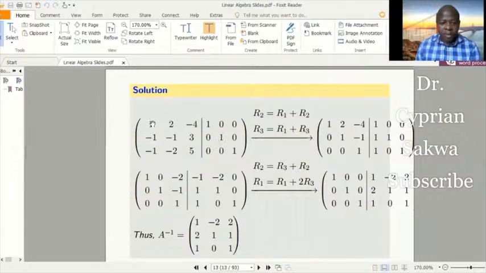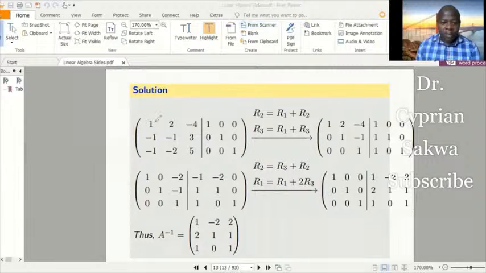So we carry out elementary operations on this to transform it to become the identity matrix. The elementary row operations that we do on this matrix, we'll also do on this matrix. So when this one becomes the identity matrix, this will have become the inverse of A. So let's just do that.